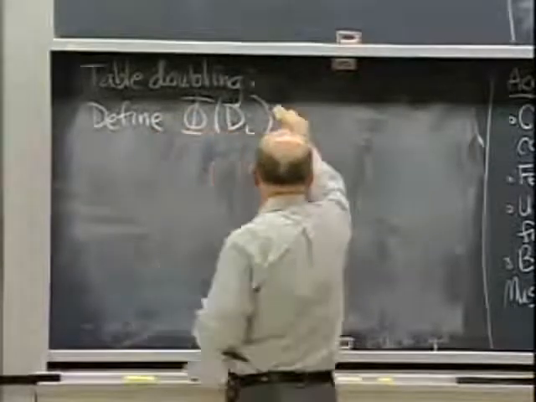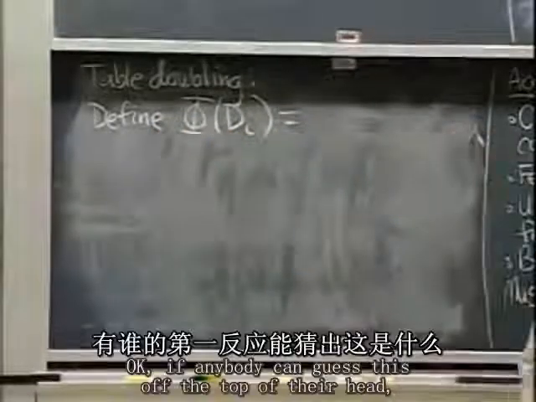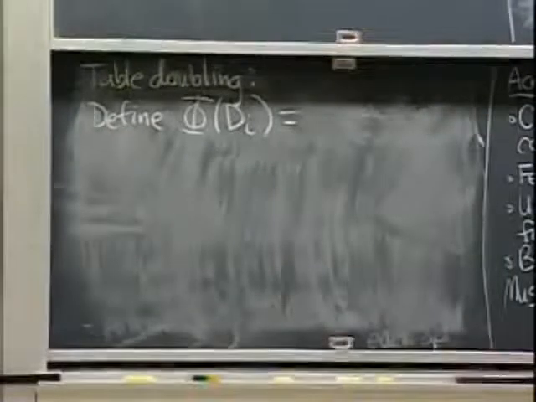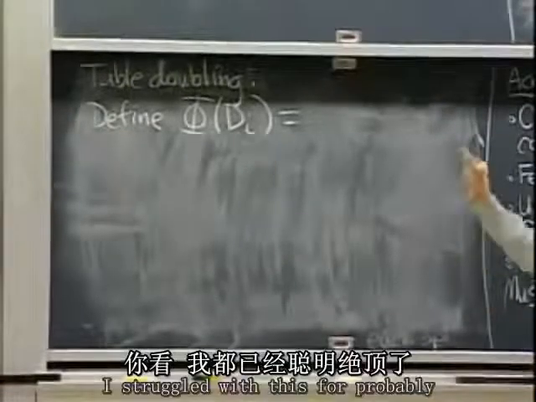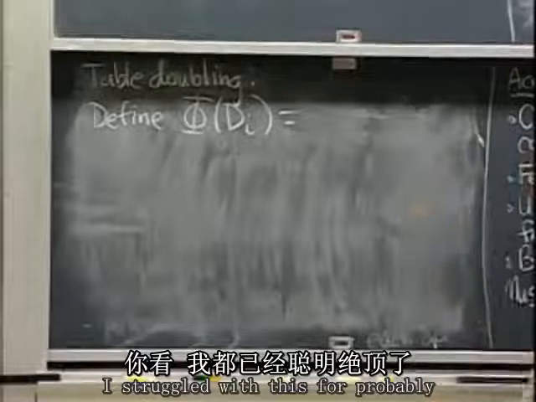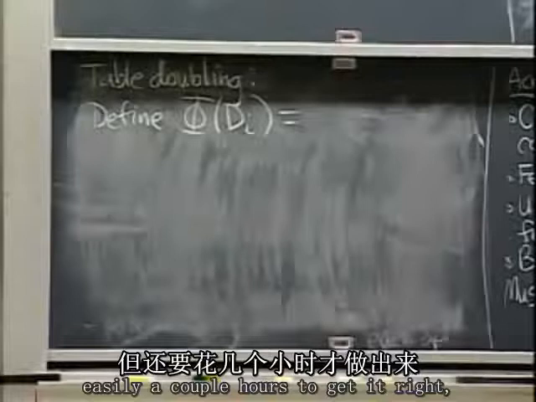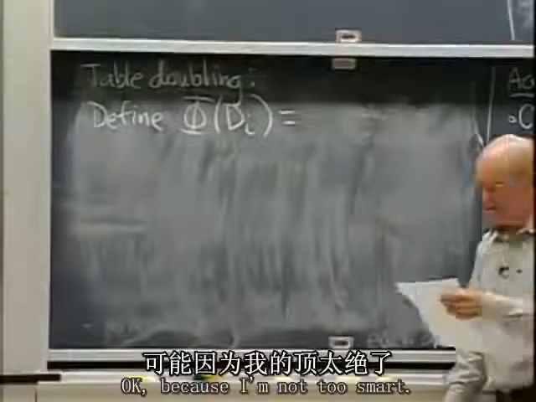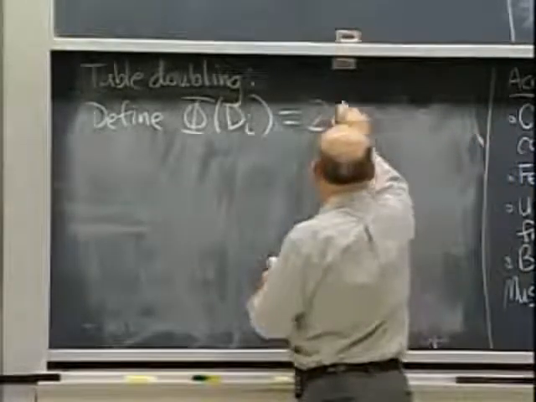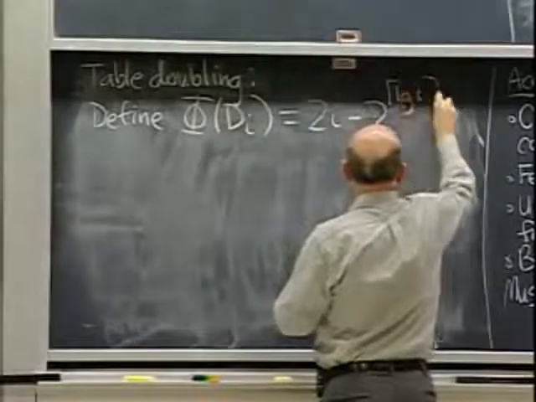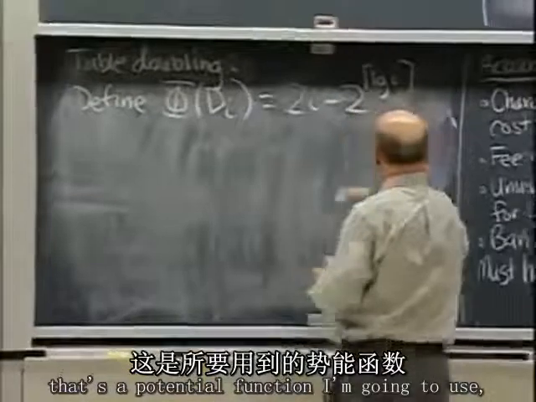If anybody can guess this off the top of their head, they're better than I am. I struggled with this for probably easily a couple hours to get it right, because I'm not too smart. That's the potential function I'm going to use.